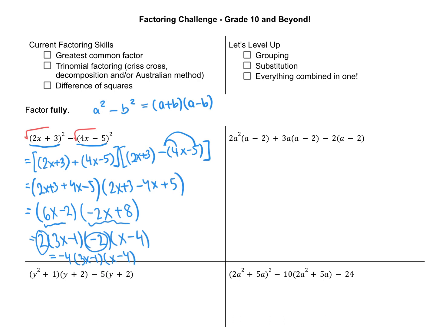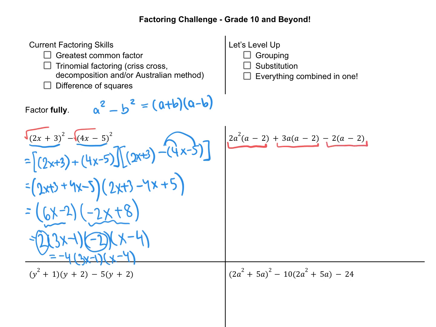So this was a difference of squares with a very small twist. The next example we have is 2a squared times a minus 2, so let's look at that as a term, plus 3a times a minus 2, let's look at that as a term, minus 2 times a minus 2.